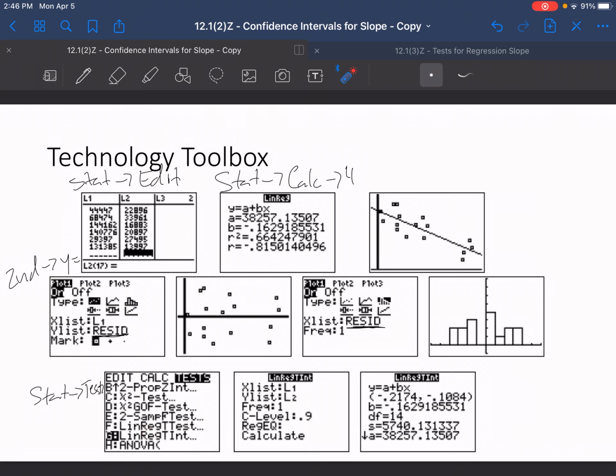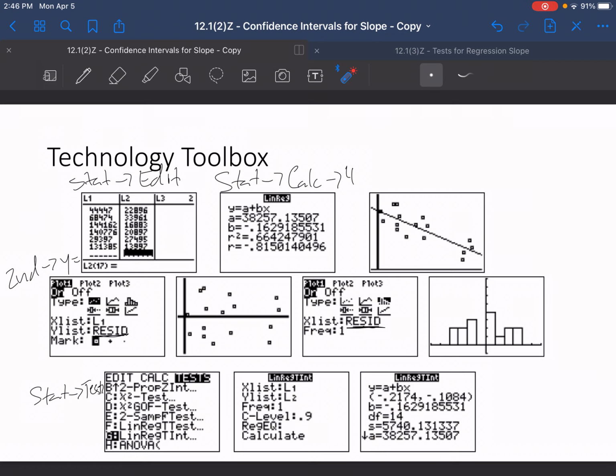You should have put all of your data into L1 and L2. Make sure that your X list is L1, Y list is L2. Put whatever confidence level the actual problem calls for, and that's pretty much it. Just hit calculate, and it should give you everything that you need to know from there.